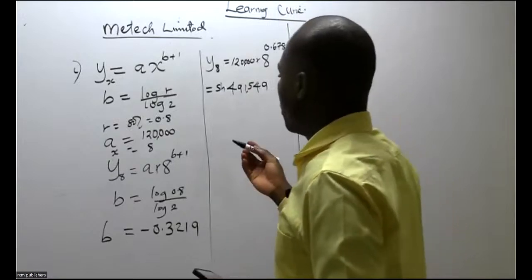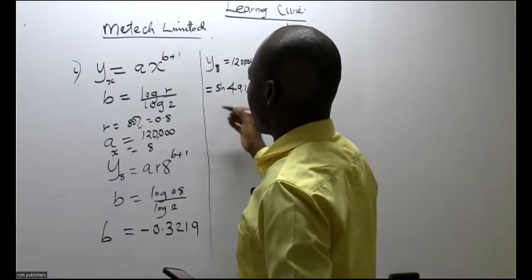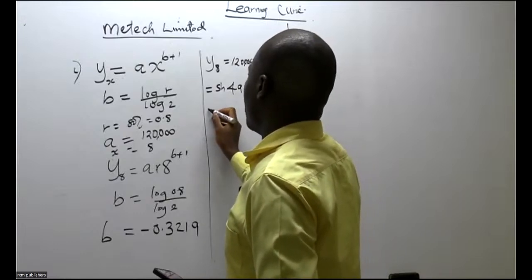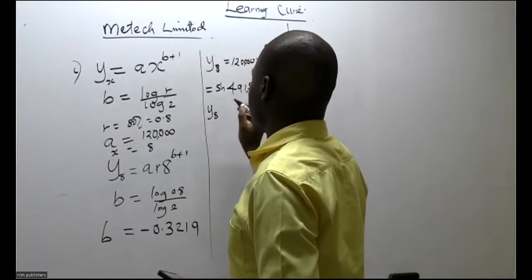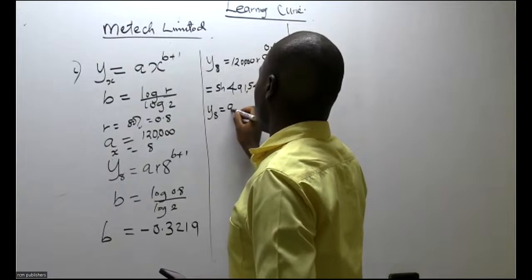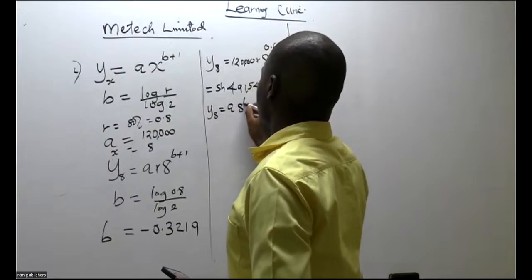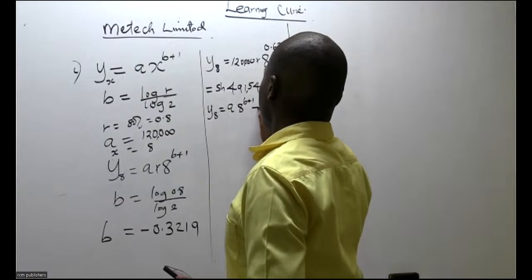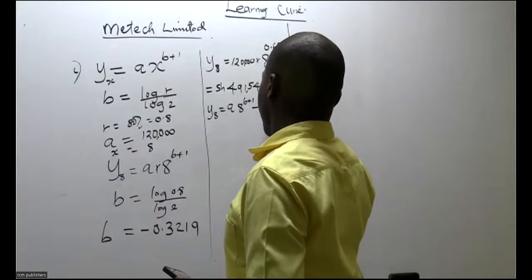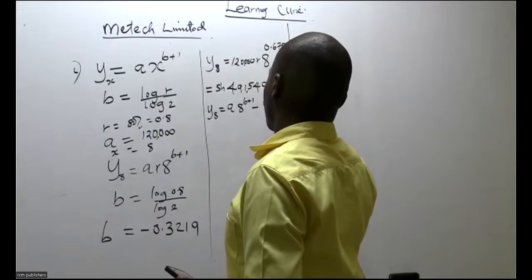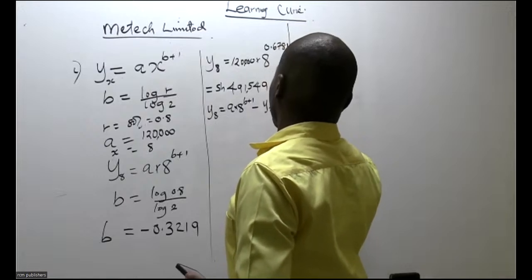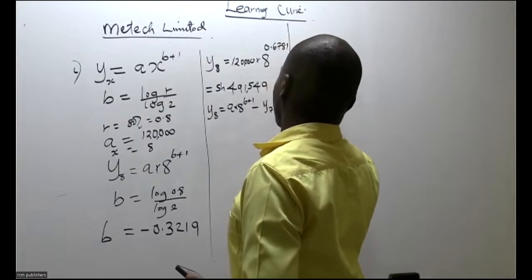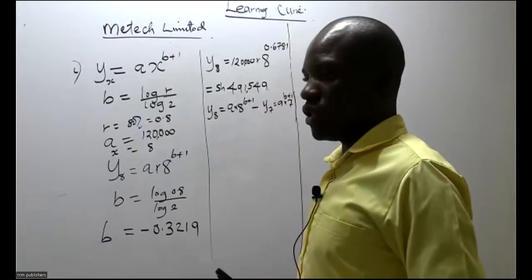To know the cost of producing the 8th batch, it will be y of the first 8 batches, which is equivalent to a times 8 raised to power b plus 1, less y at 7, which is equal to a times 7 raised to power b plus 1. That is what we need to have there.